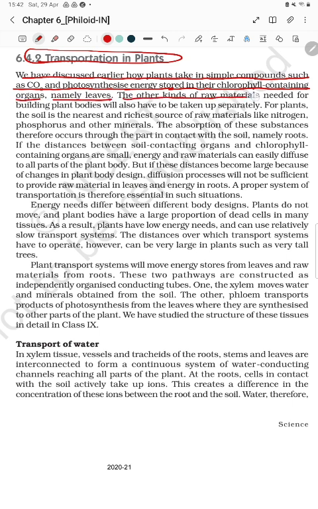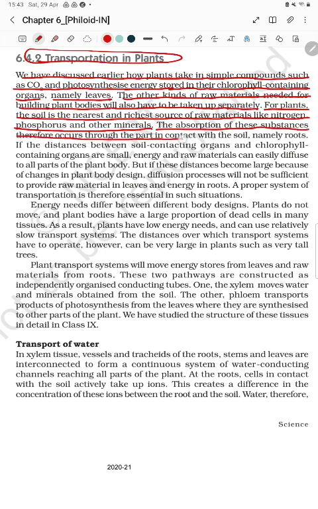The other kind of raw material needed for building plant bodies will also have to be taken up separately. For plants, the soil is the nearest and richest source of raw materials like nitrogen, phosphorus and other minerals. The absorption of these substances therefore occurs through the part in contact with the soil, namely roots.